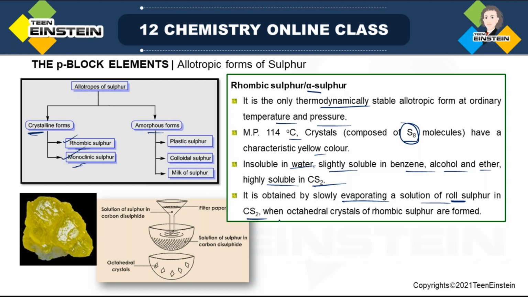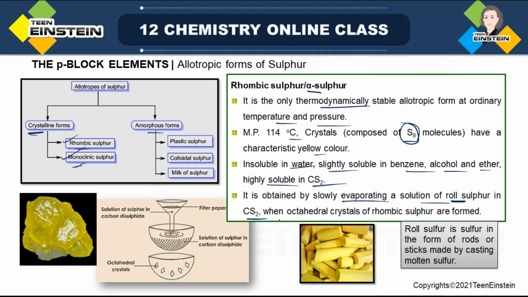Roll sulfur is a specific term: it is sulfur in the form of rods or sticks, just like chalk, made by casting molten sulfur. You dissolve this roll sulfur in carbon disulfide because the solubility is very good.